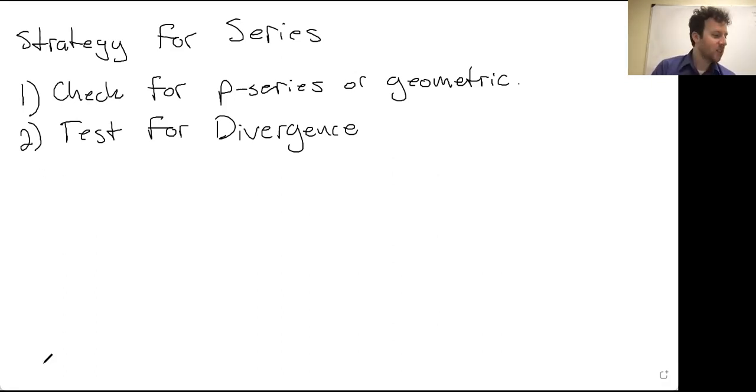Then what comes next are many of them at the same level. You don't really have to check these in order, but for the rest, for these different tests, what are we looking for?